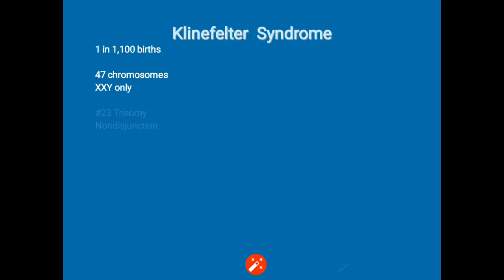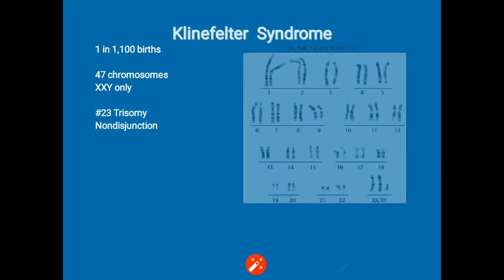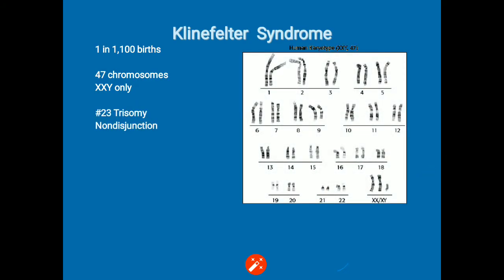Now the Klinefelter syndrome, it is XXY, again a trisomic condition. There are 47 chromosomes, 1 in 1100 births, and it is because of non-disjunction of the chromosomes. Here you are able to see X, X and Y chromosomes.